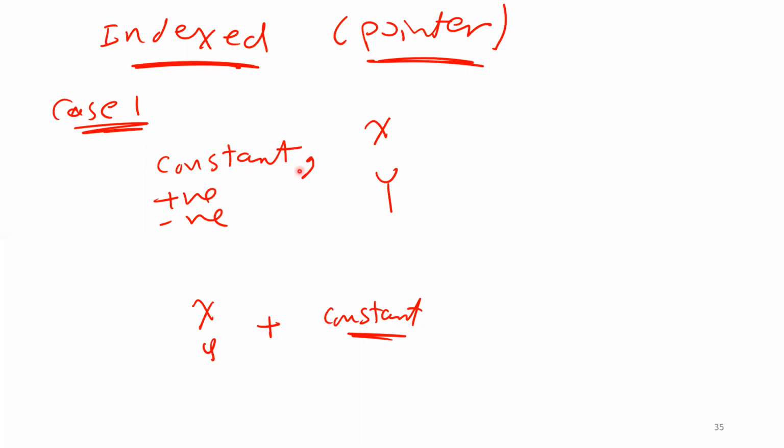It's not two; they are together. It's one operand, and it's a memory location. And number 3, what is the address? If it is a memory location, you have to tell me what the address is. The address is the content of X or the content of Y, whatever you are using here, plus the constant. This is the address in memory.